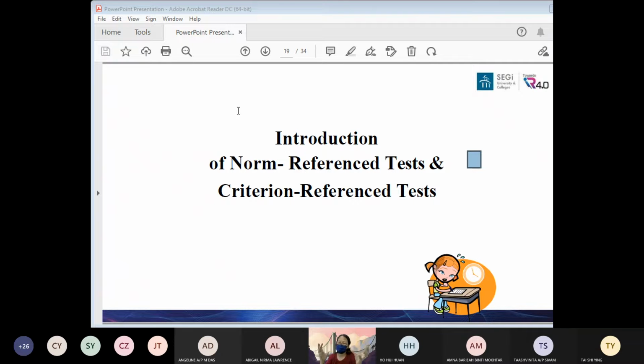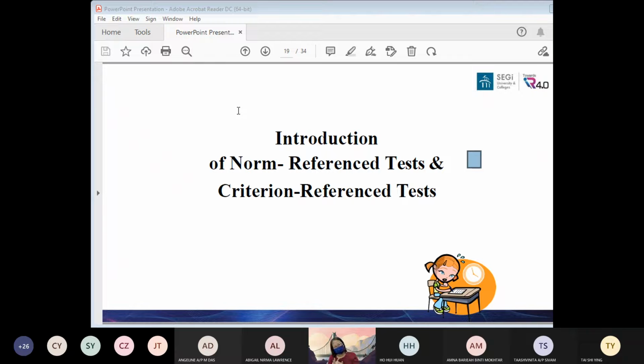It can be any way, to get the average of these students, and then we compare. We compare your result, how well you have done, with the average of the selected group, whether you have done better than this average marks or worse than this average marks. That is called norm reference test.